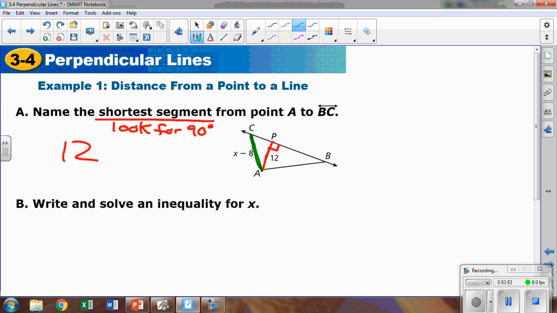Because 12 is the shortest possible one, we could use this to build an equation. In particular, we know that this piece has to be bigger than 12. So we could simply say x minus 8 has to be bigger than 12.